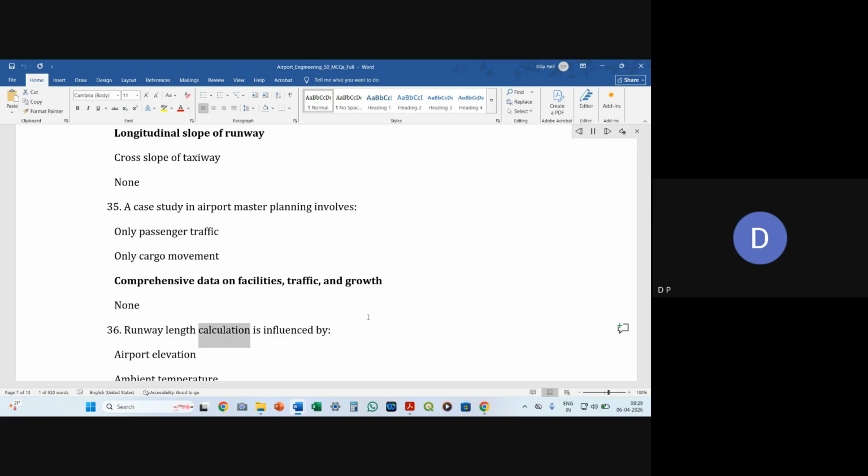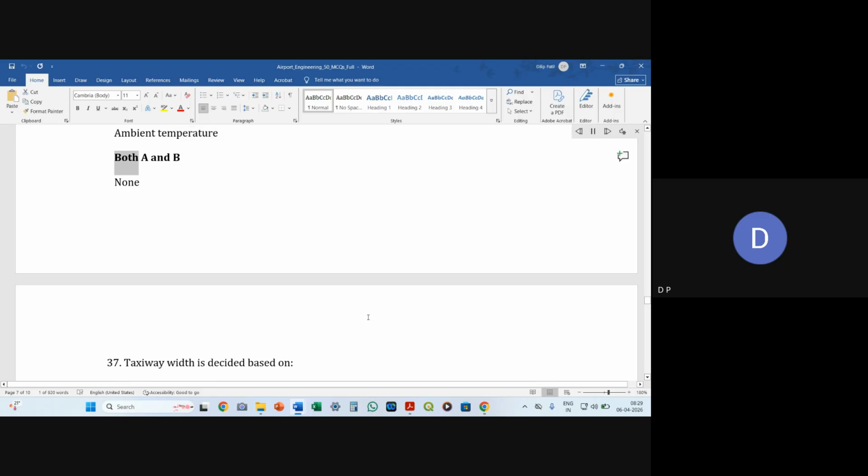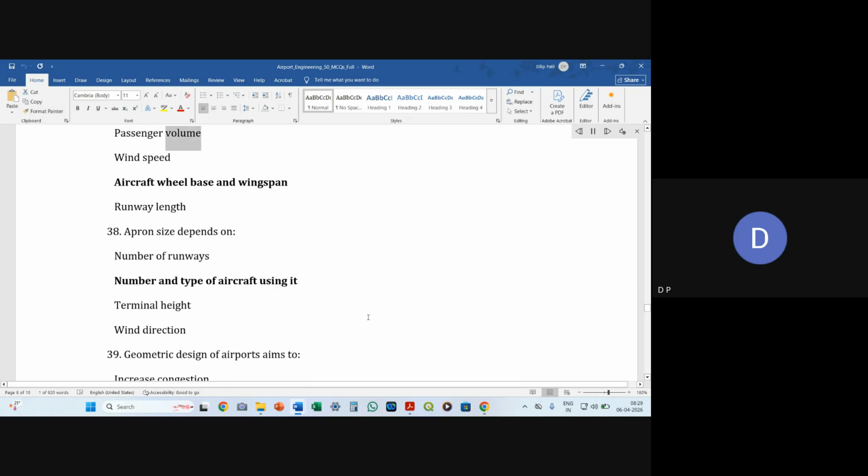Runway length calculation is influenced by airport elevation, ambient temperature, both A and B, none. 37. Taxiway width is decided based on passenger volume, wind speed, aircraft wheelbase and wingspan, runway length.